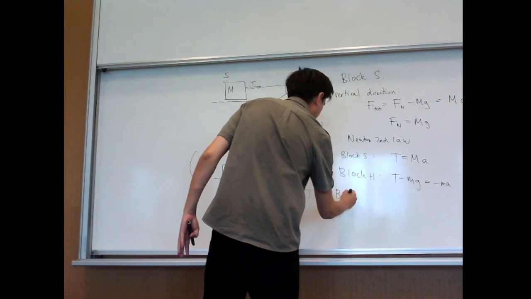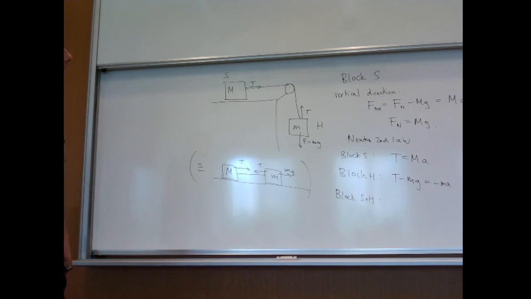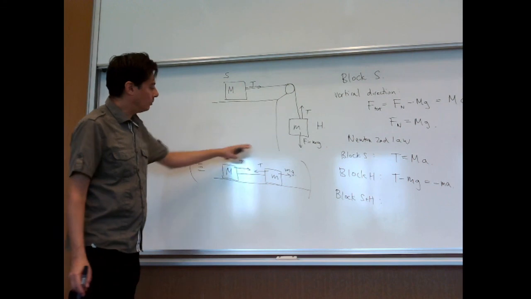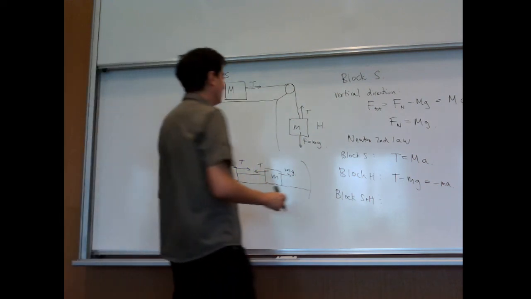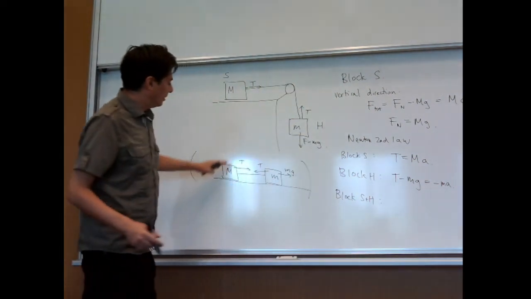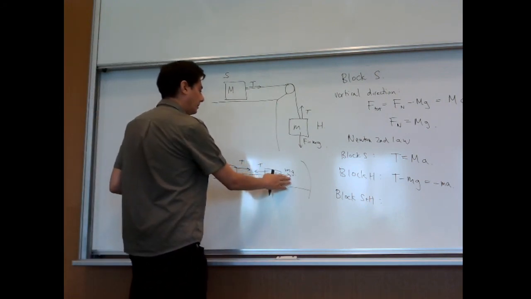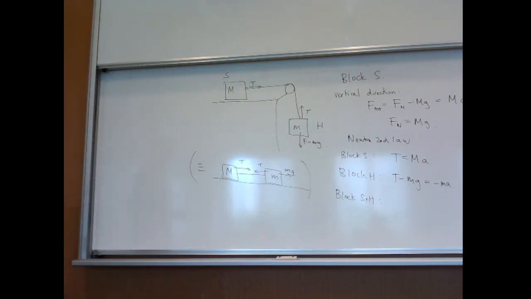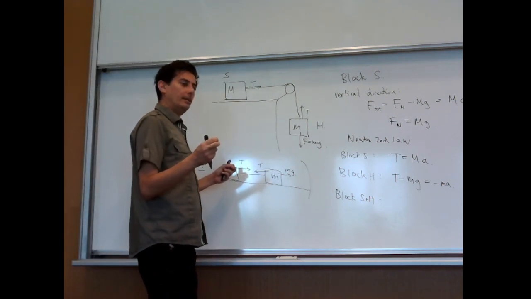Or we could apply it to block S and H together. And in this case, maybe this is why sometimes people like to draw it in this way. The total force on the combined system would consist of these three forces, two tensions on the rope. But the tensions of the rope always cancel out.